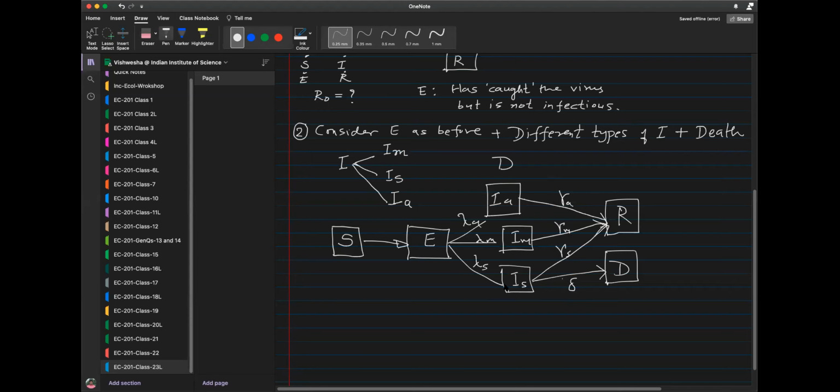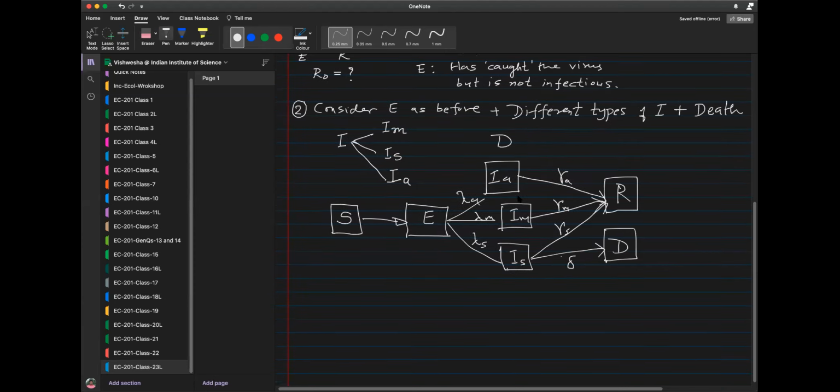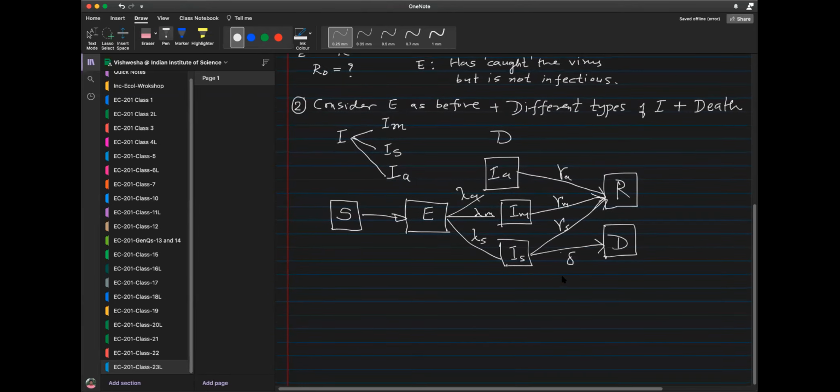Okay, delta. I would like you to now write down a set of differential equations for this, and then work out what R0 is in this model. So I would like you to do these two things today.